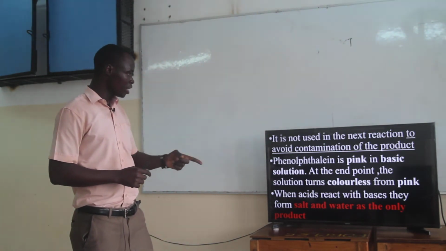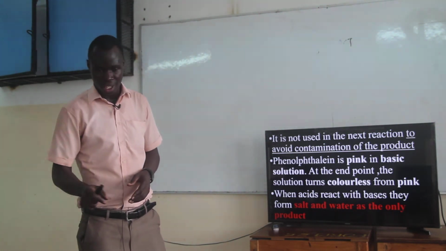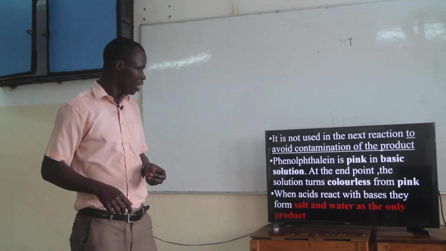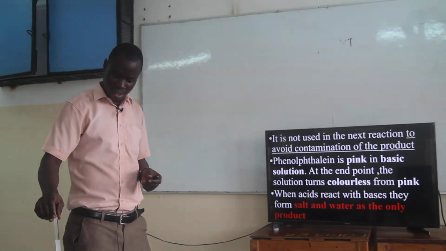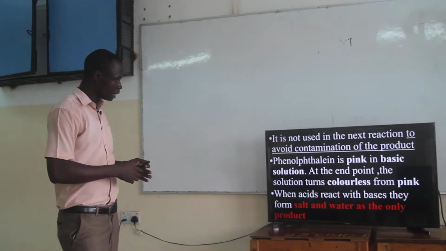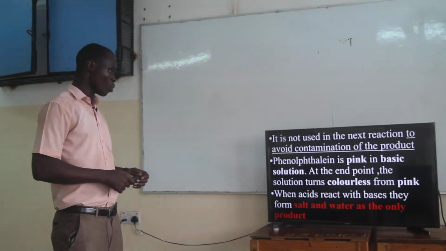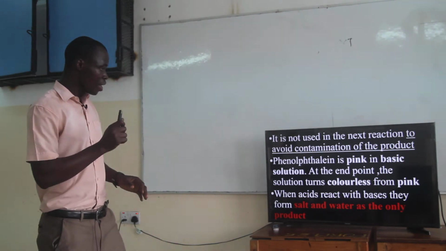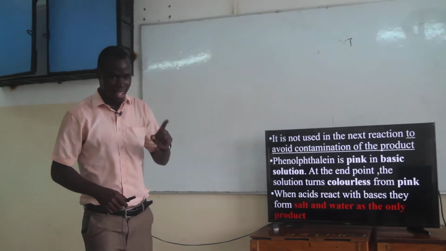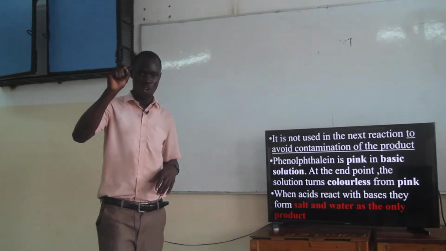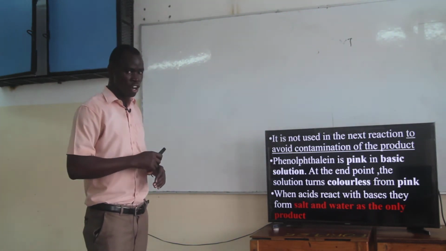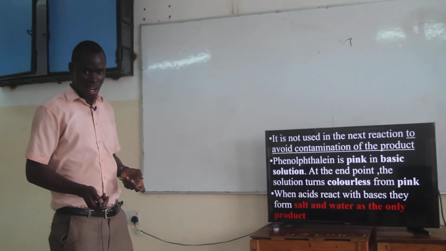Now, the solution is pink in base, as we have already seen, and it returns colorless. For example, what we have here: colorless from pink. When acid reacts with bases, they form two products, and these products are salt and water. They form salt and water as the only products.